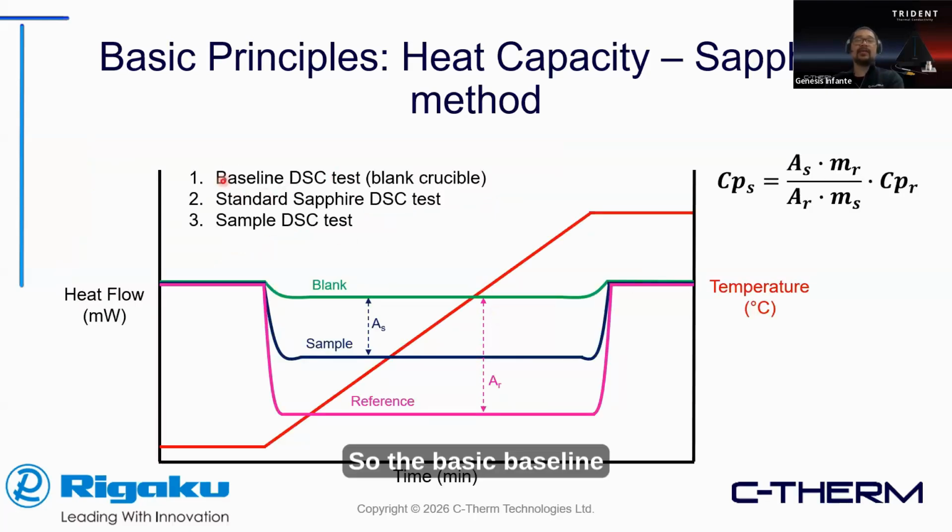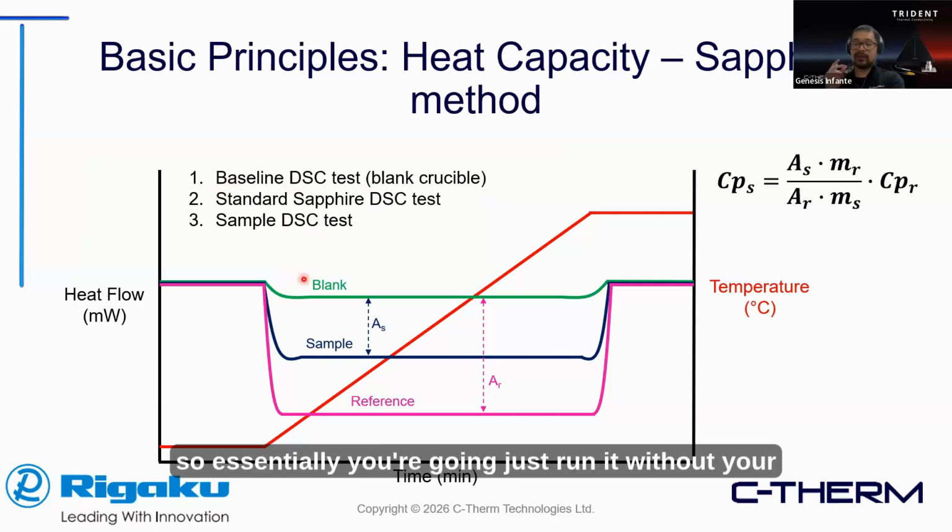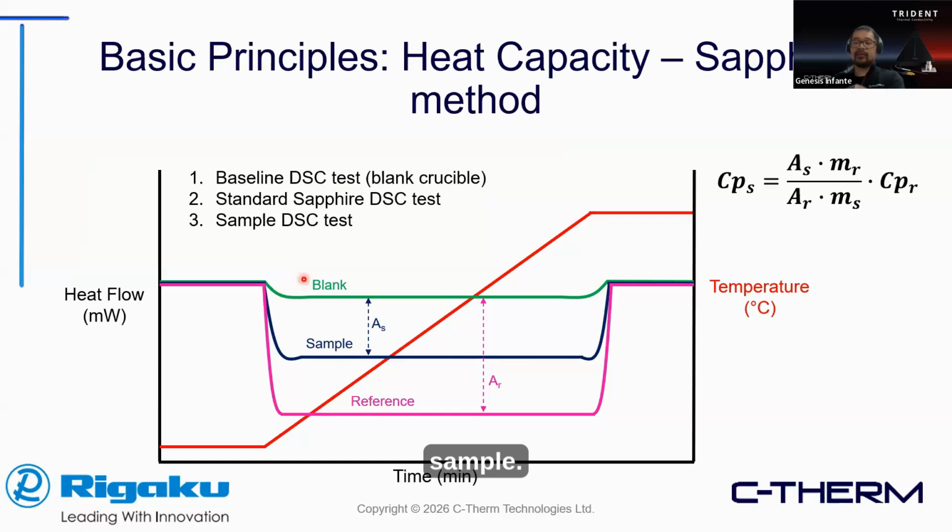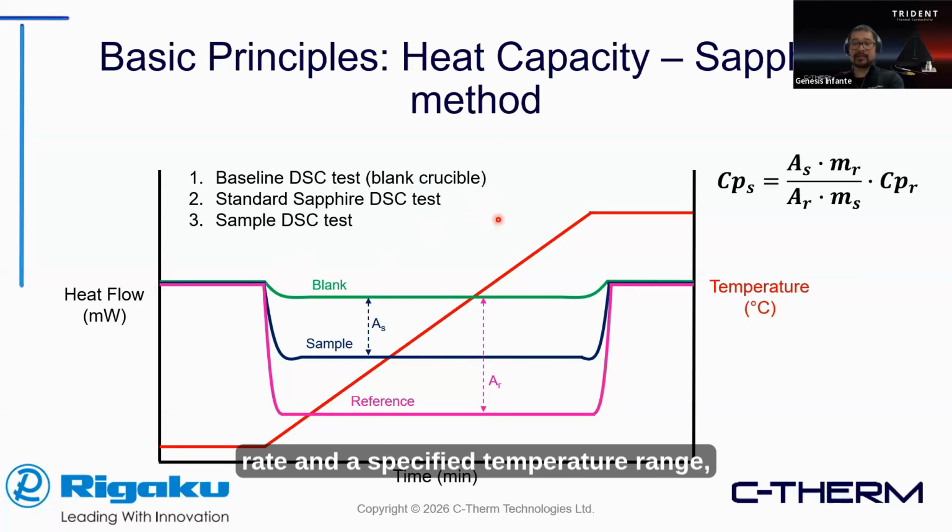The basic steps are that you do a DSC measurement of a blank crucible. Essentially, you run it without your sample at a specified heating rate and a specified temperature range, and then you get a DSC graph.